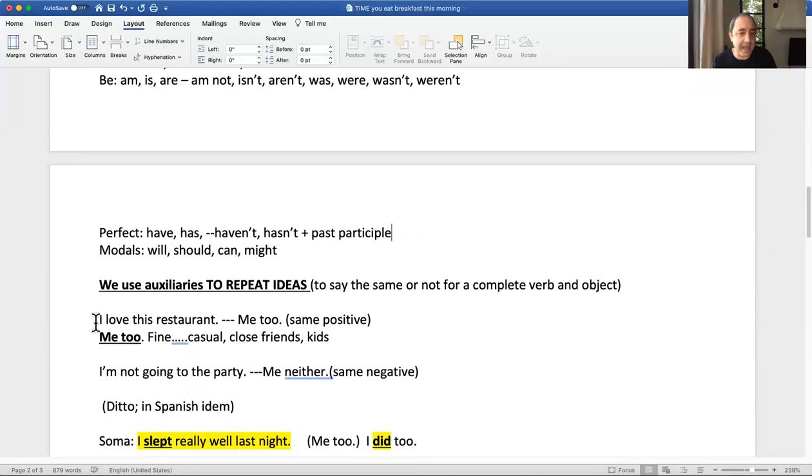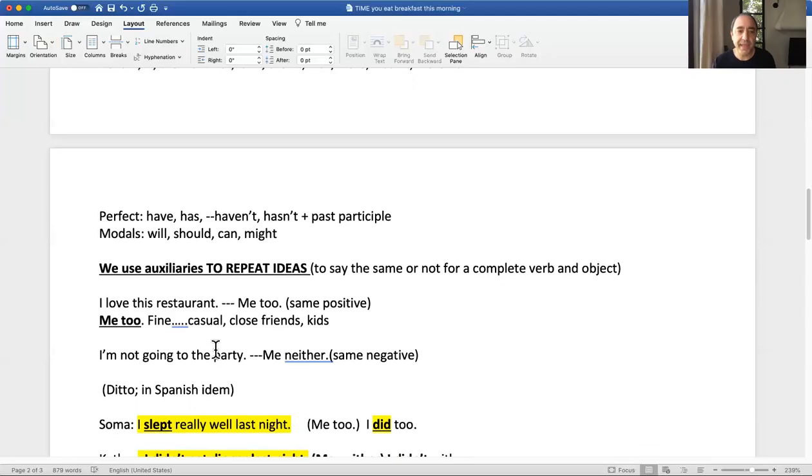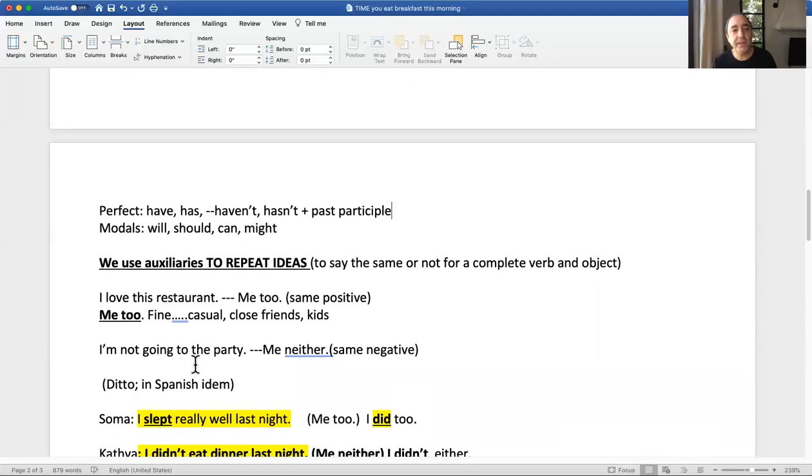First person says, I love this restaurant. Me too. That's what we're studying right now, that idea of saying yes, second to that same idea, me too. Me too is fine. You can use it. It's better for casual, close friends. Kids use it. You can use it with people you're very close to. The negative, I'm not going to the party.